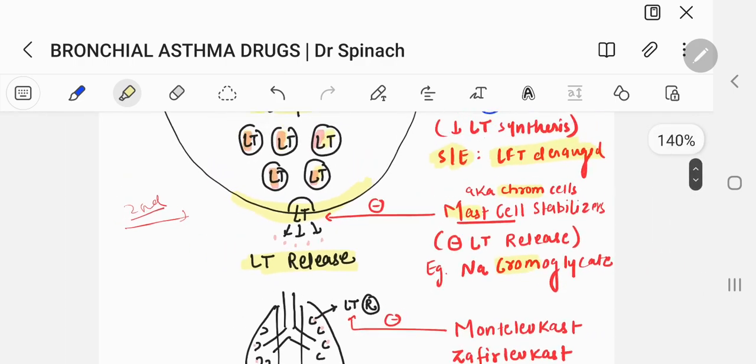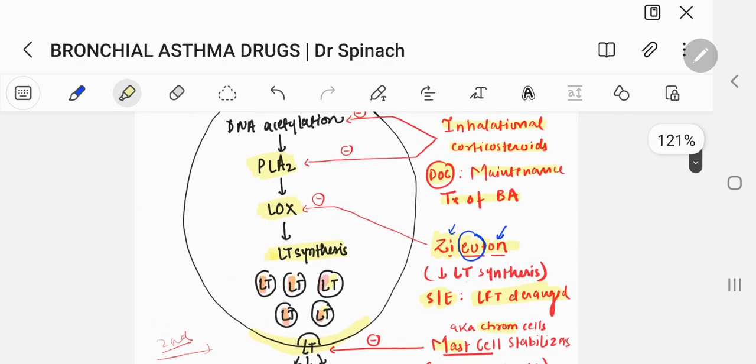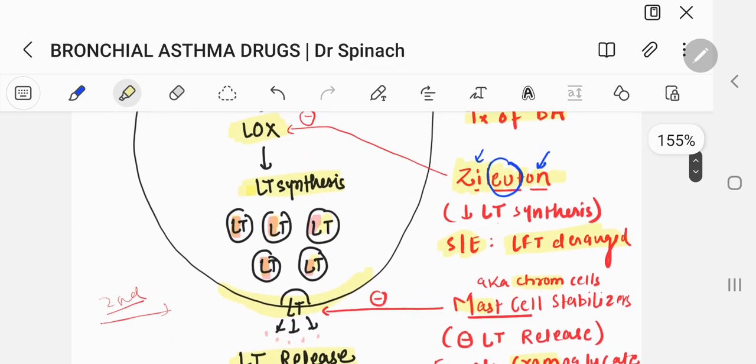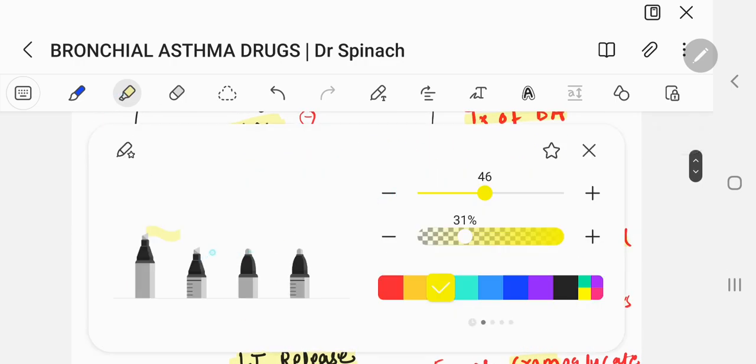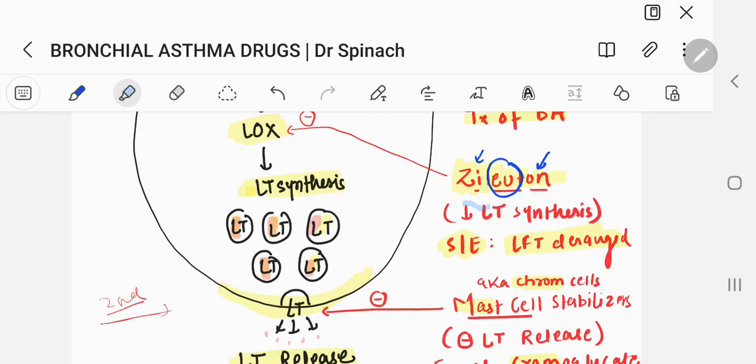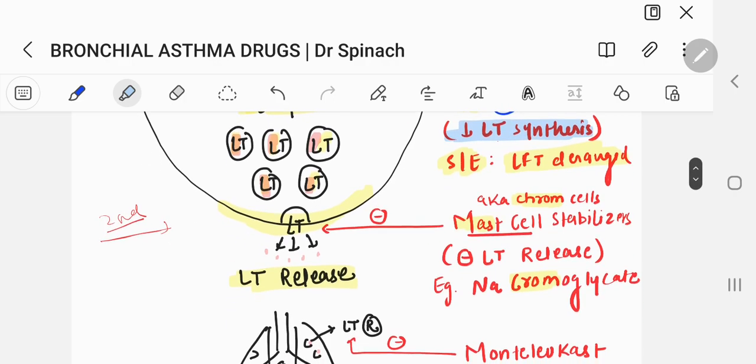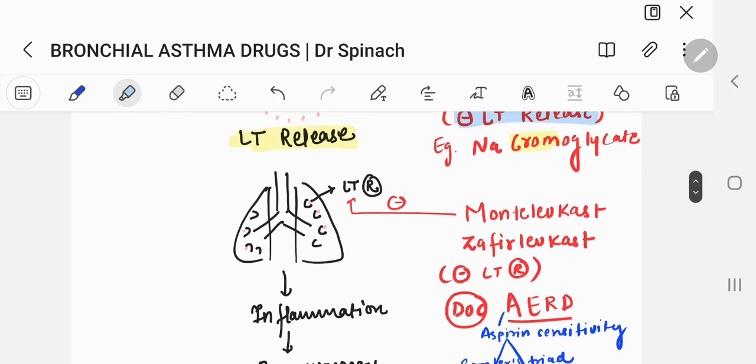There are three things that you need to understand here. One drug is responsible for inhibition of leukotriene synthesis, that is Zileuton. Then there is one drug class responsible for inhibition of leukotriene release, that is mast cell stabilizers. And finally, there is another drug that will lead to inhibition of leukotriene receptors, so leukotriene, even when it's released, cannot act on these receptors.